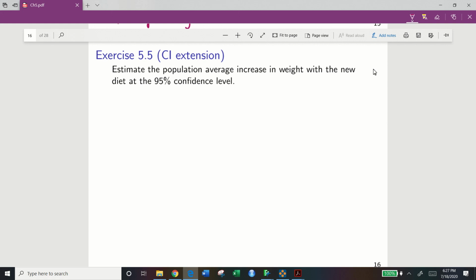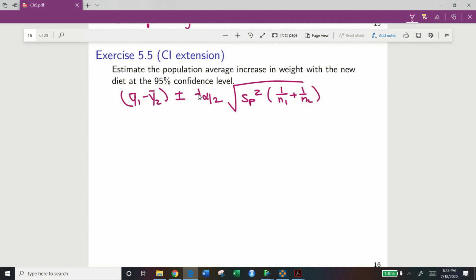We are going to use our formula of y1 bar minus y2 bar plus or minus T alpha over 2 multiplied by the square root of SP squared multiplied by the quantity of 1 over N1 plus 1 over N2.